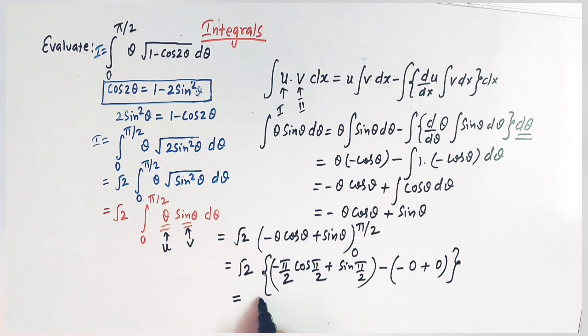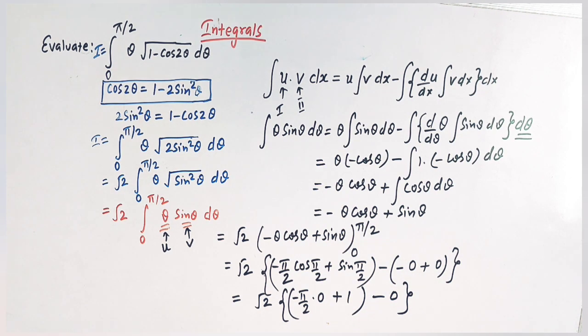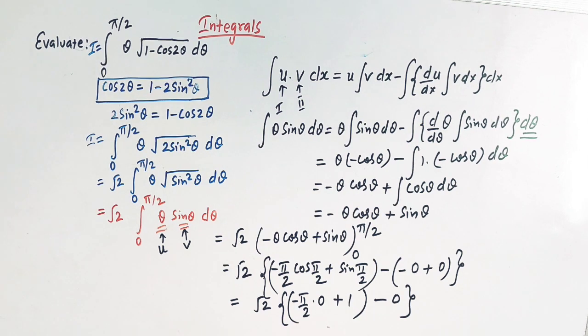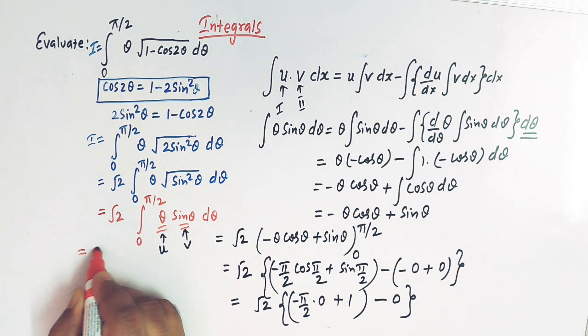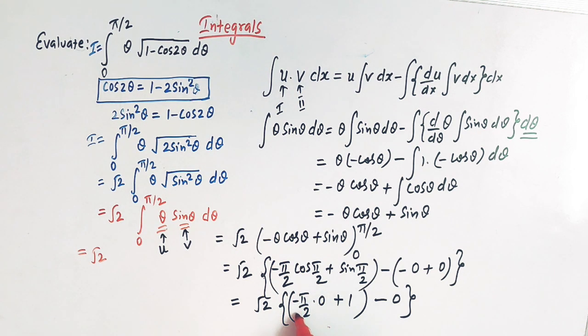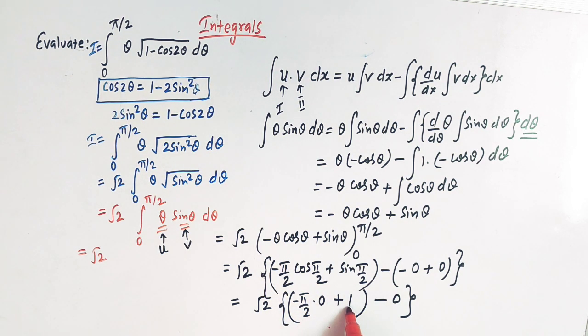Now we can write square root of 2, and here we have minus pi by 2 cos pi by 2, where cos pi by 2 is 0, and sine pi by 2 is 1, and the lower limit quantity is 0, right? So now this expression is equal to square root of 2, and here this quantity is 0, so we are left with simply 0 plus 1, that is 1, and 1 minus 0 is 1, right?